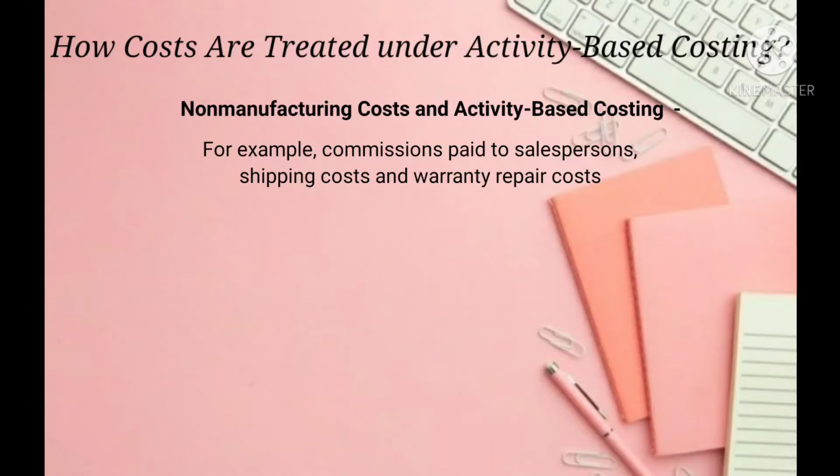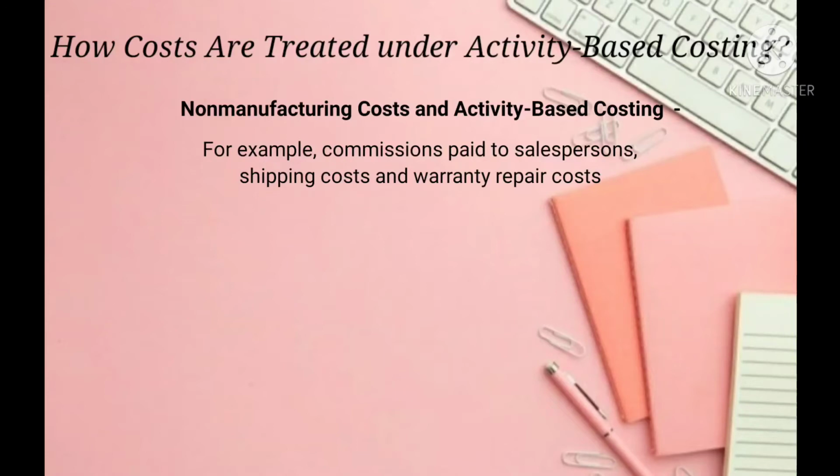However, many of these non-manufacturing costs are also part of the cost of producing, selling, distributing, and servicing specific products. For example, commissions paid to salespersons, shipping cost, and warranty repair costs.